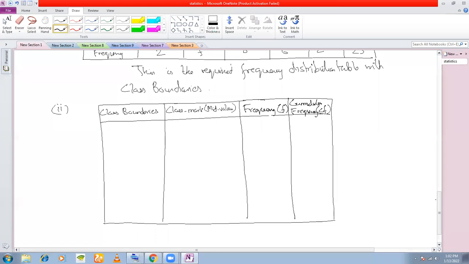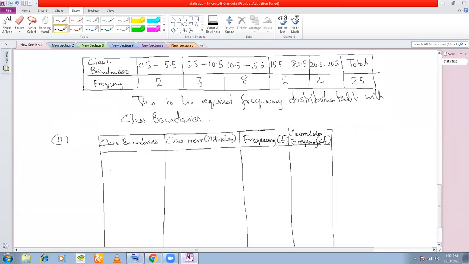Okay, and you write all the class boundaries here. The first class boundary is 0.5 to 5.5, and the corresponding frequency is 2.